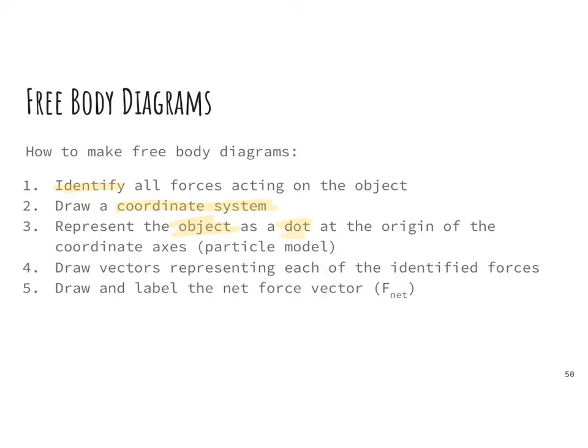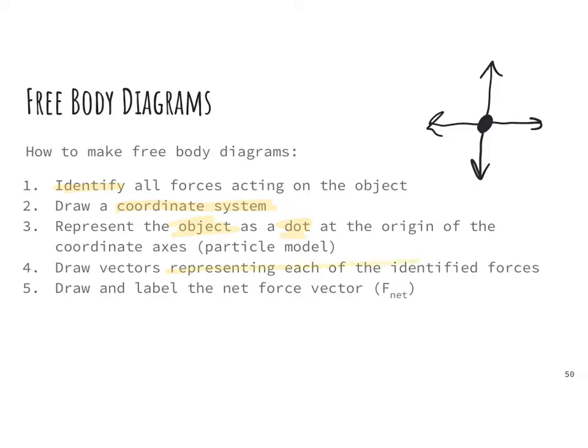So to sum up what we've done so far, we identify the forces. We're going to draw a coordinate system, and right at the center of the coordinate system, that's going to be our object, just as a dot. Okay, and then as we get the different vectors or the different forces that pop up, we're going to draw each of them.